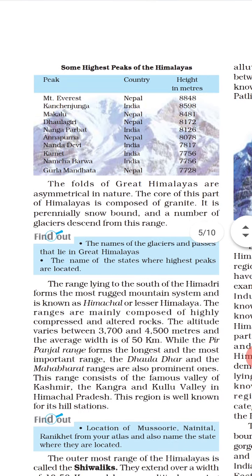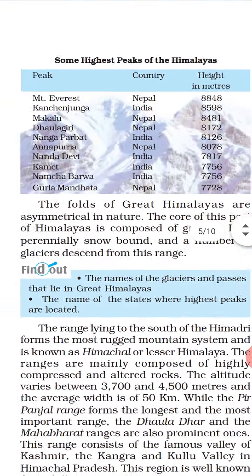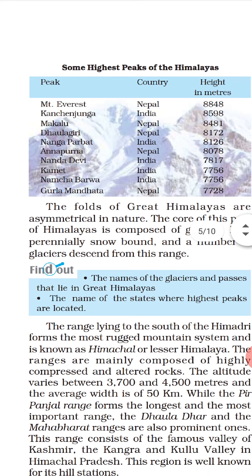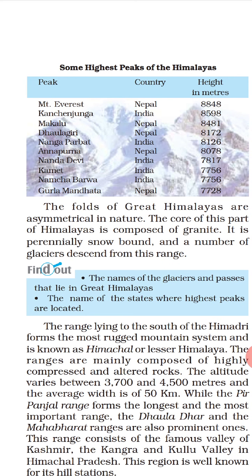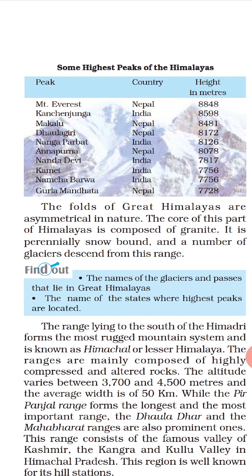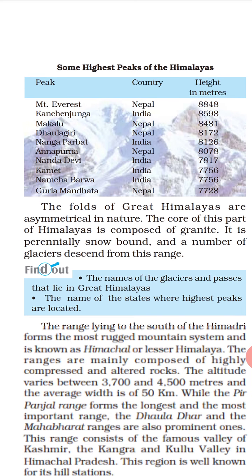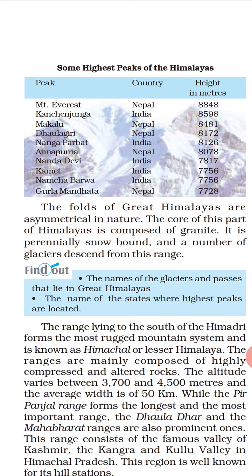Now you see the main highest peaks in the Himalayas. The highest peak, Mount Everest, is situated in Nepal and its height is 8,848 meters. And in India, the highest peak is Kanchenjunga with a height of 8,598. Then Makalu, again in Nepal, and these are the heights in meters.